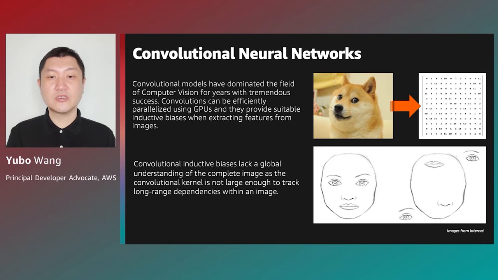But convolutional inductive biases lack global understanding of the image itself. They are great at extracting vision features, but they are not able to model the dependencies between them.